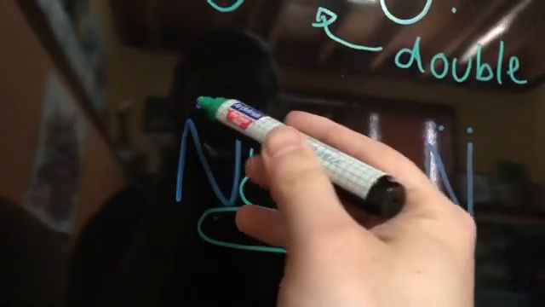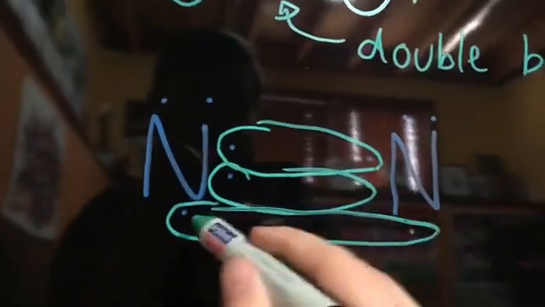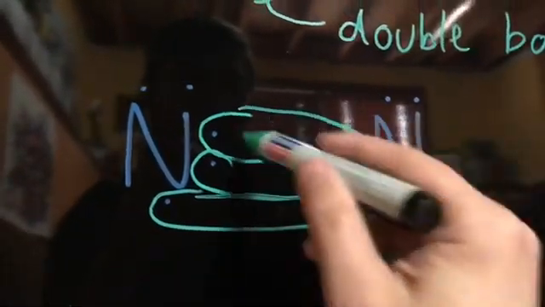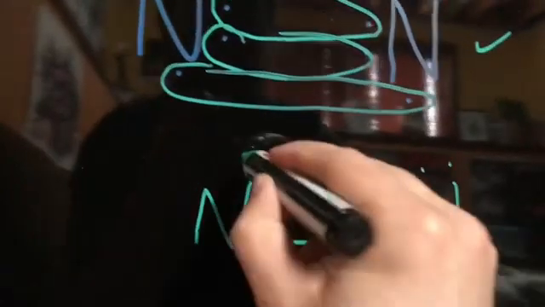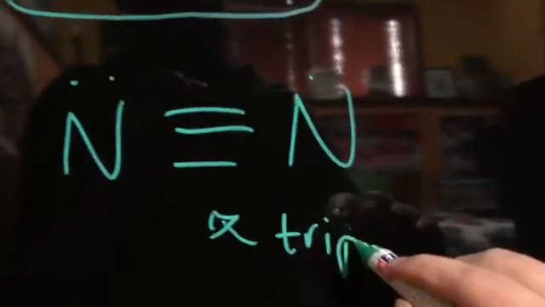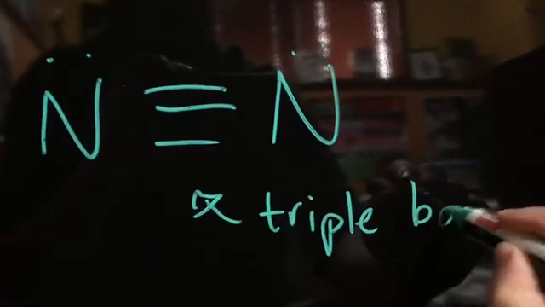And now nitrogen has 1, 2, 3, 4, 5, 6, 7, 8. 1, 2, 3, 4, 5, 6, 7, 8. So it's also satisfied. And you might be able to guess as well that the way we draw the molecule is just by putting 3 lines in between with the remaining electrons there. And this one here is called a triple bond.